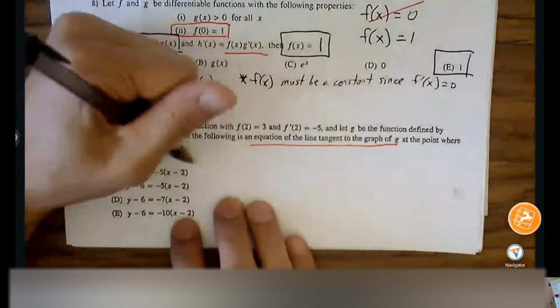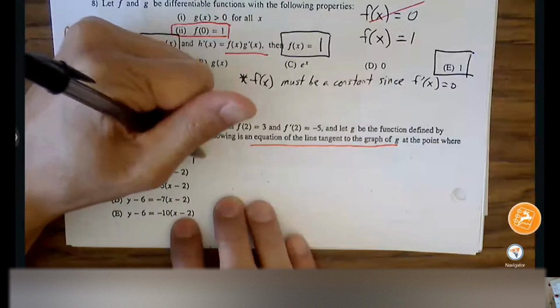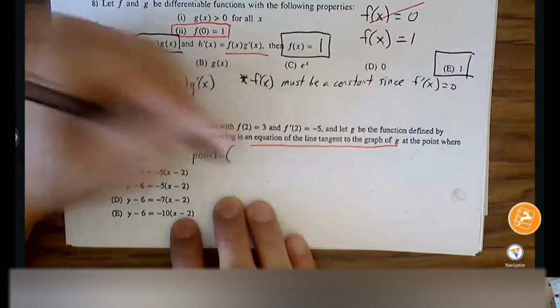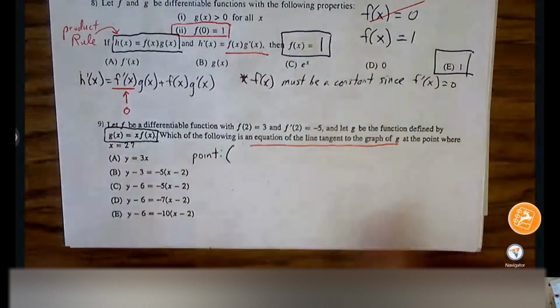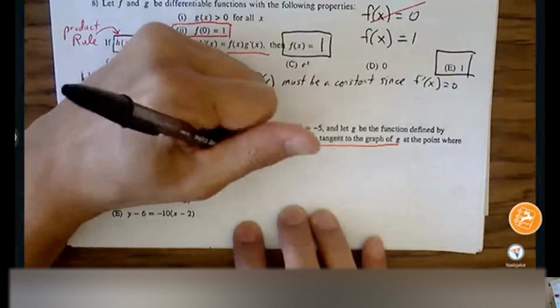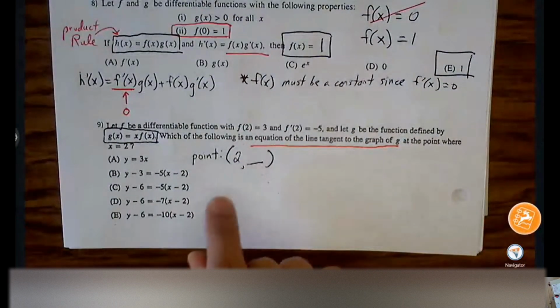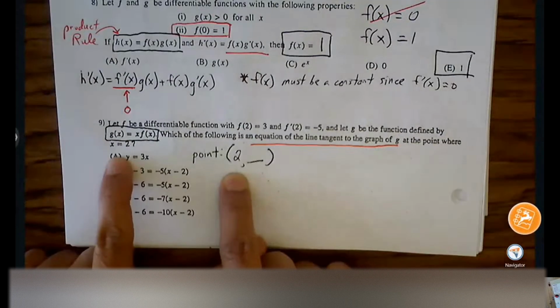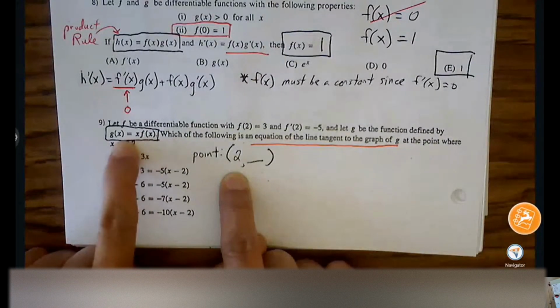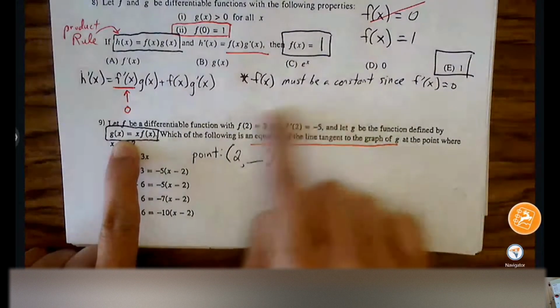So we need an ordered pair and we need a slope. For the ordered pair, we know our x value is 2. So we have to figure out what the y value is. We'll enter 2 in for x, clean this up, and get it resolved down to a number.